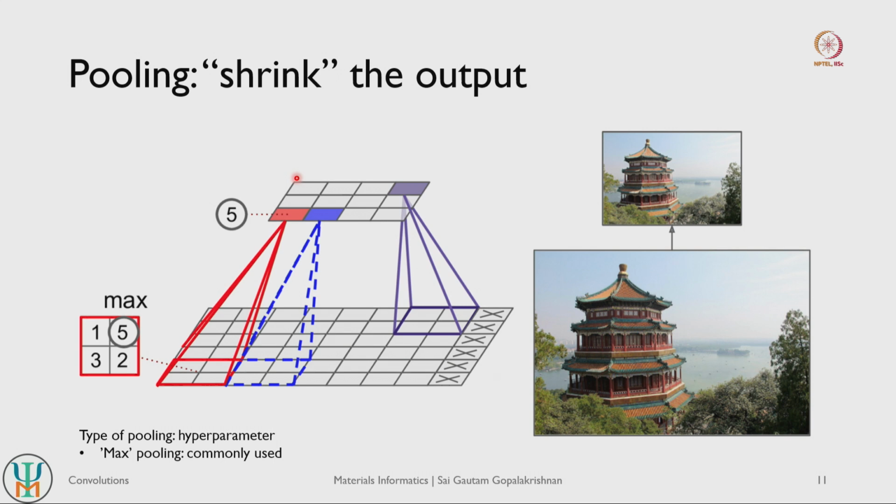If you do the same, you end up with a smaller representation of the same information that you had in the lower convolutional layer. So pooling is a very common operation, and the type of pooling typically used is max pooling.